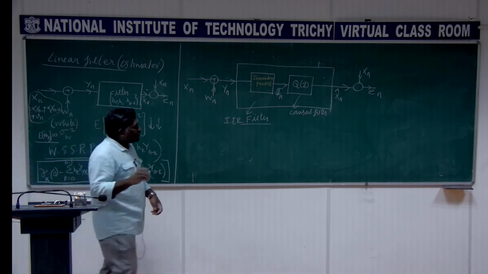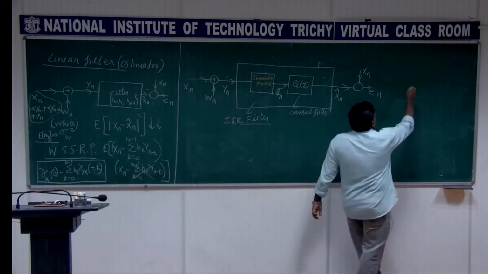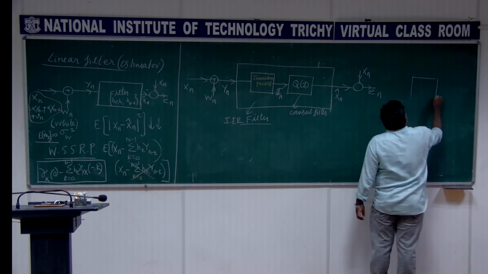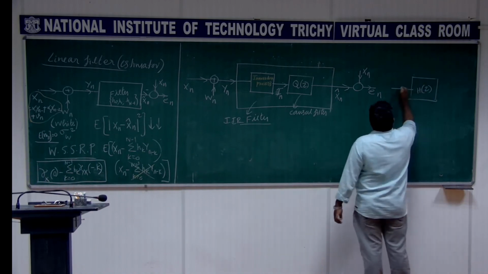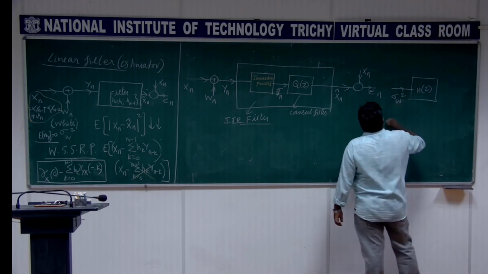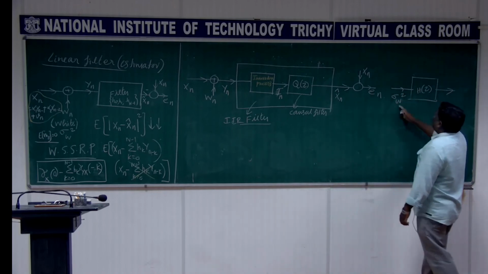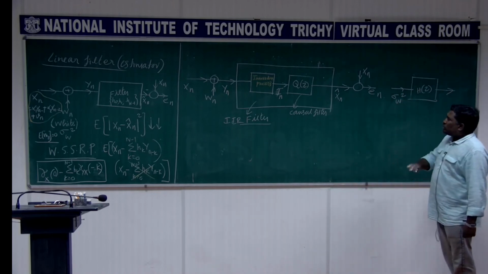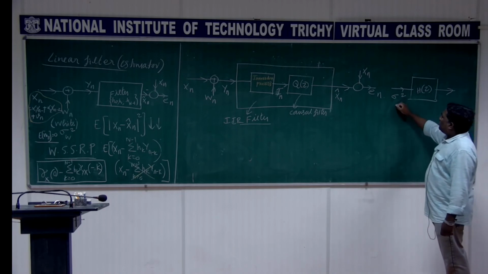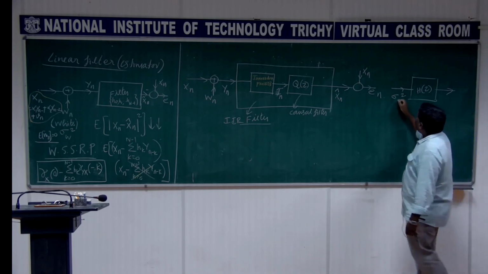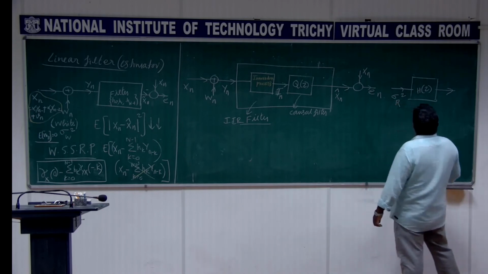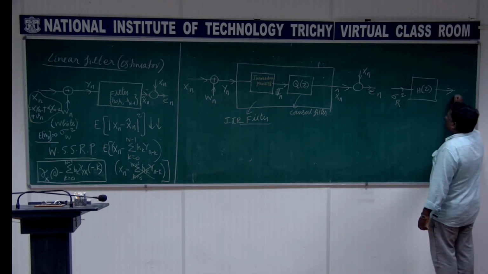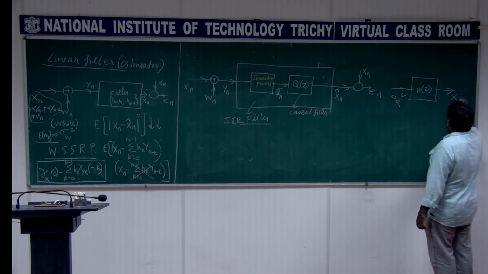See, I tell you that. If I have a transfer function H of z and input as white noise with some variance, I used W there, let me use R, sigma R square, and you have the signal Xn.